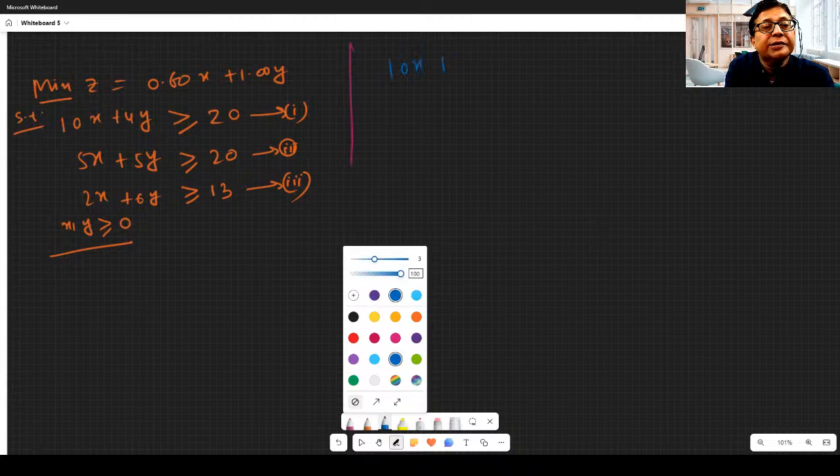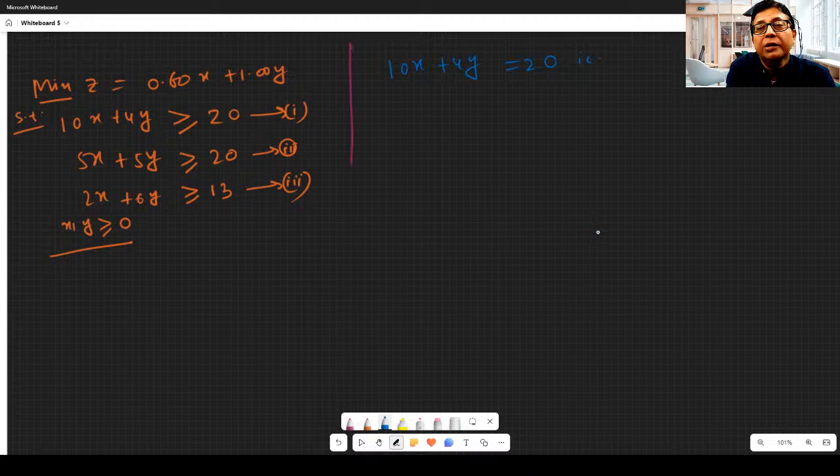So 10x plus 4y 20, that is x by 2, y by 5 equals 1. 5x plus 5y equal to 20, that is x by 4, y by 4.